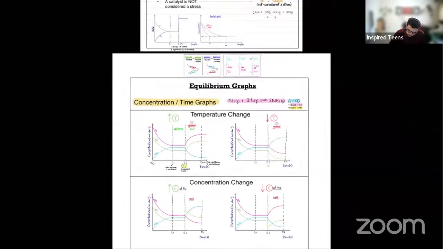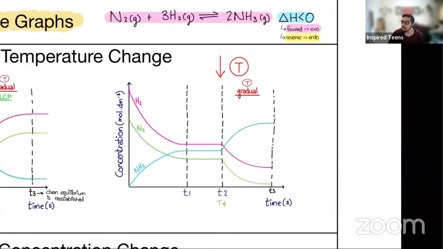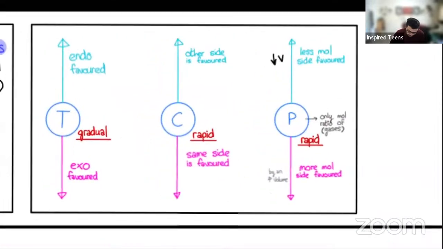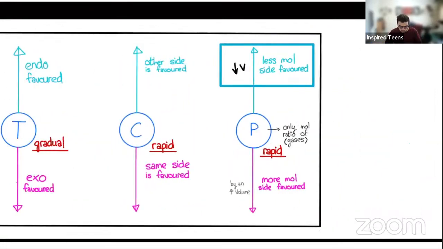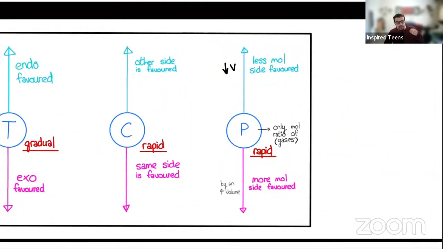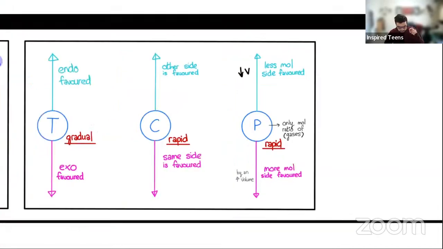By the way, let me get my notes out actually. We have an increase in pressure by a decrease in volume. An increase in pressure by a decrease in volume favors the less mole side. The side with less moles, meaning the reactant or the product side, whichever of the two has less moles, that side is favored. Whenever there's an increase in pressure, the side with less moles is favored.